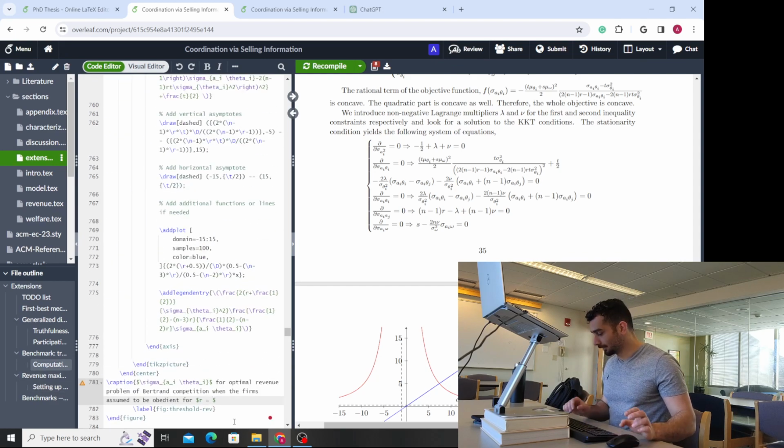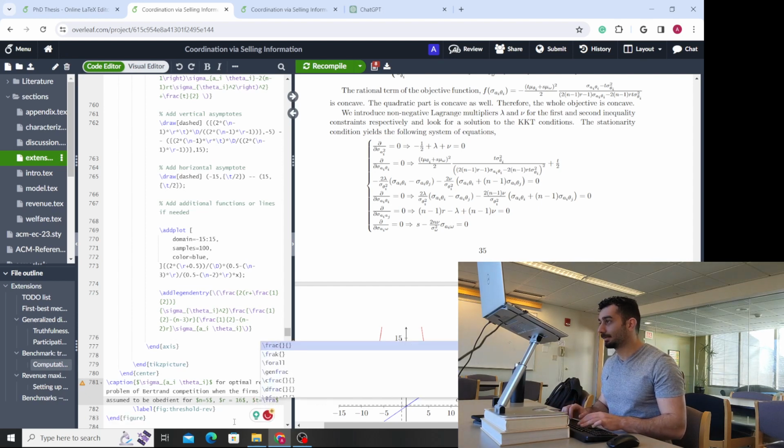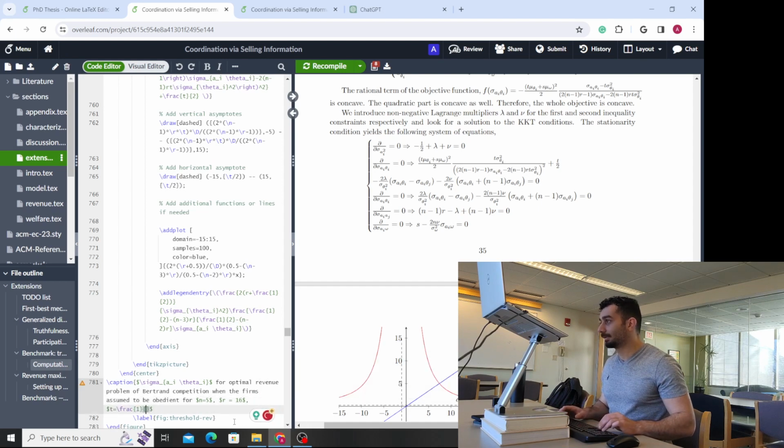Okay, for R. N is 5, R is 1/16, T is 1/2, S is 1. What else?